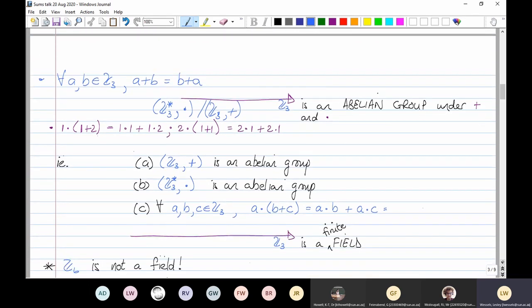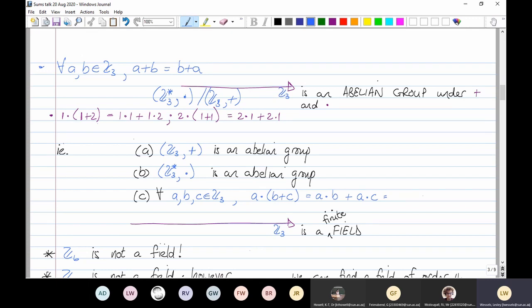Now we need to get to what a field is. So with a field, I need an additional property, which is, we say that multiplication distributes over addition. So for all A, B, and C in Z3 we have that A times (B plus C) will be equal to AB plus AC.